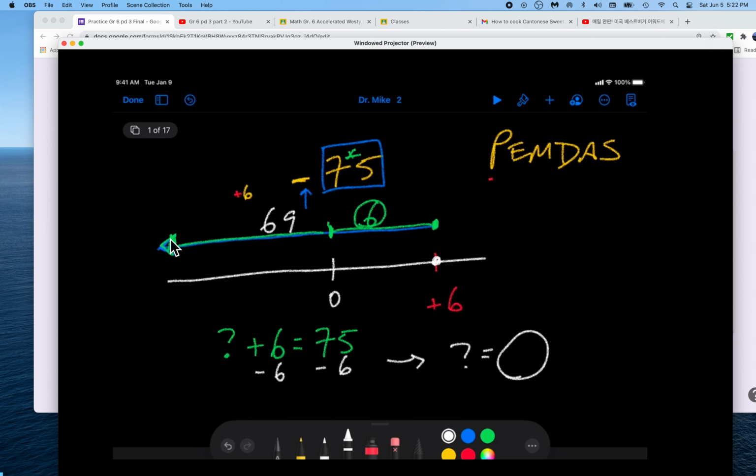How far are we going to go in this direction? 75 units. The first 6 units are taken up, getting to 0. Now, how many units are left? Whatever this is, plus 6 has to give us 75, and the answer is 69. So we end up at negative 69. And that is our final answer for this problem.